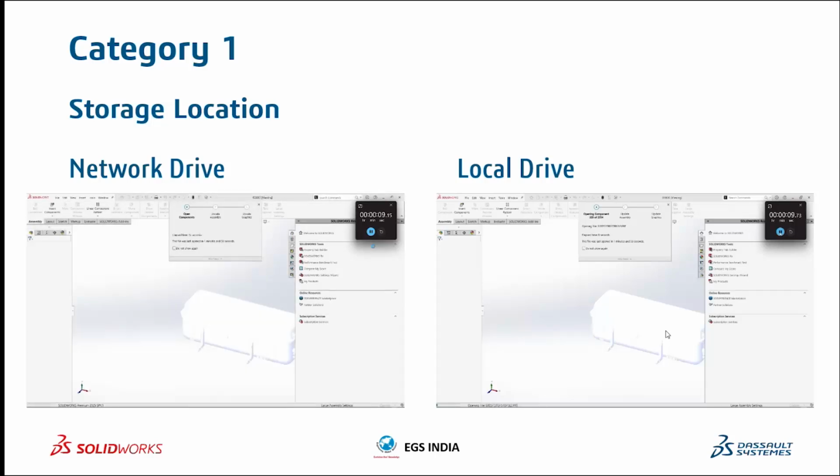If you fast forward and look at it, you can see that the network drive takes nearly 1 minute to open the files, but the local drive cuts it down to 30 seconds or nearly 35 seconds. And I assure you, this is with the default system settings without any other optimizations. The only change between both these files is the storage location.